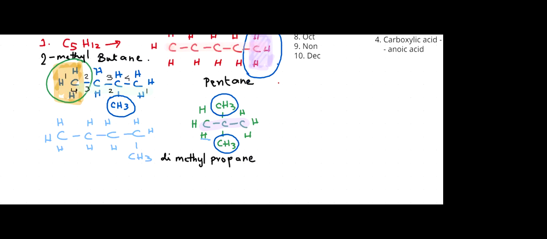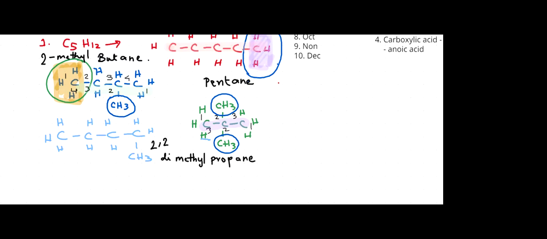So first, always write down the number from both sides, left hand side and right hand side, and then choose. So in this case, whether you count from the left hand side or the right hand side, you will get the number 2. So you write down 2, 2. 2, 2-dimethyl propane.